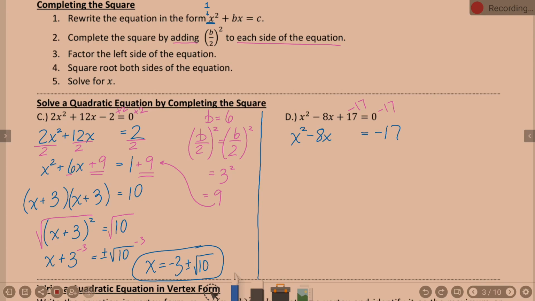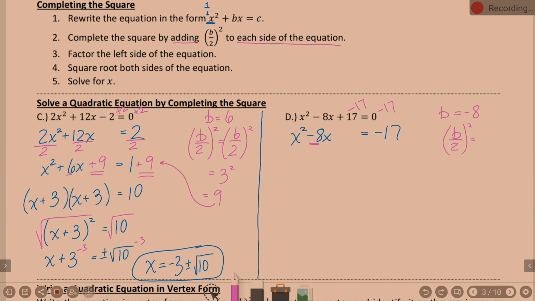Okay. Step 2. Complete the square by adding b over 2 squared. What do we know? Okay. B is officially, if I want to be official, B is negative 8. In all honesty, is it going to matter for this specific piece right here? No. So we're doing B divided by 2 quantity squared.